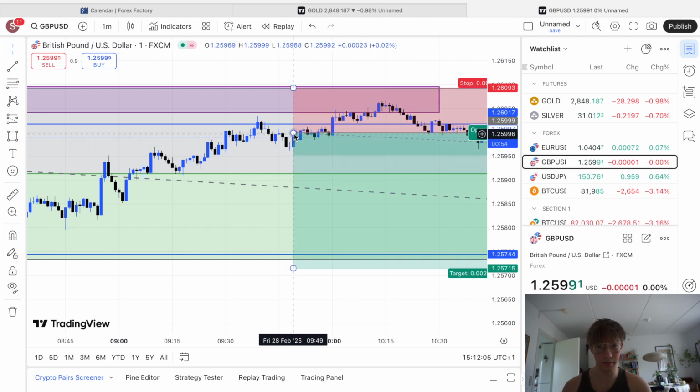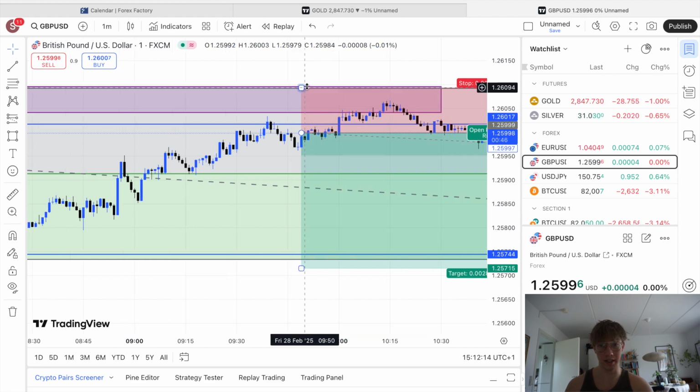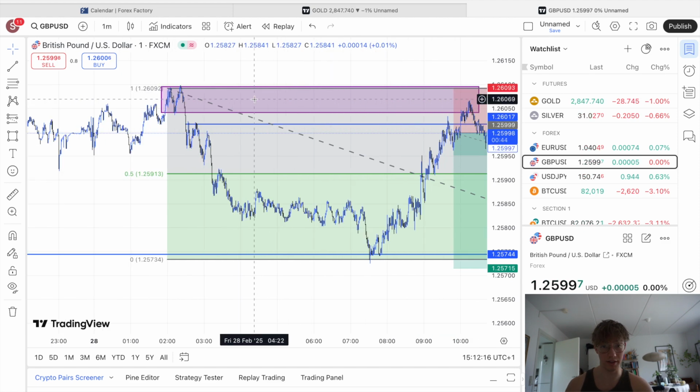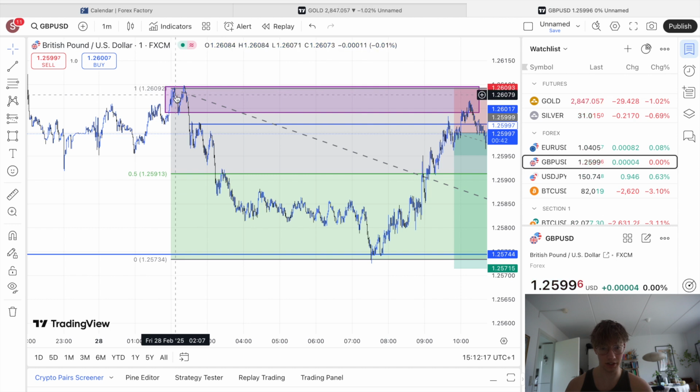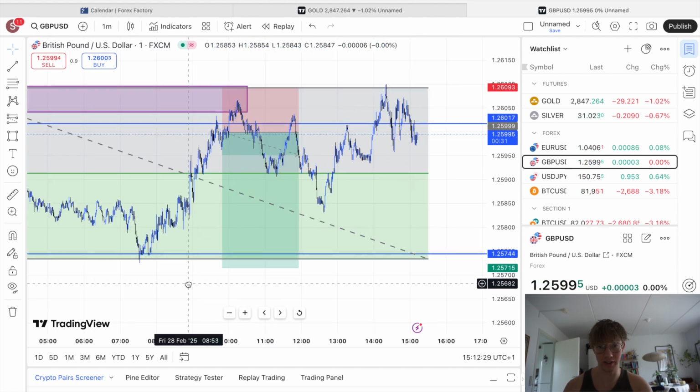So when we came up to this high, I entered off of that. And as you can see, I put my stop beyond these highs over here, which are today's early morning highs, or late at night at 2 o'clock in the morning. So obviously we try not to hit those.